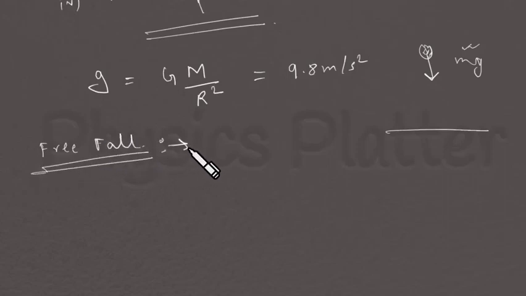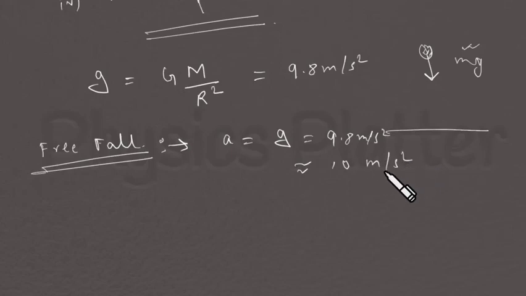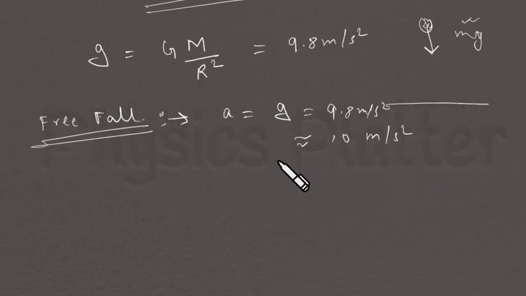Whenever a body freely falls from some height, its acceleration is given as g, or 9.8 meter per second square, or sometimes for the sake of problem solving we can take it as 10 meter per second square. So that's the free fall.